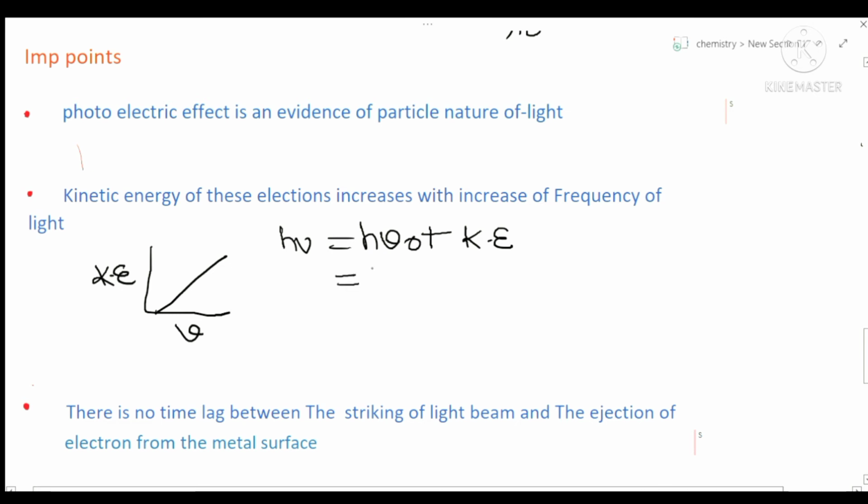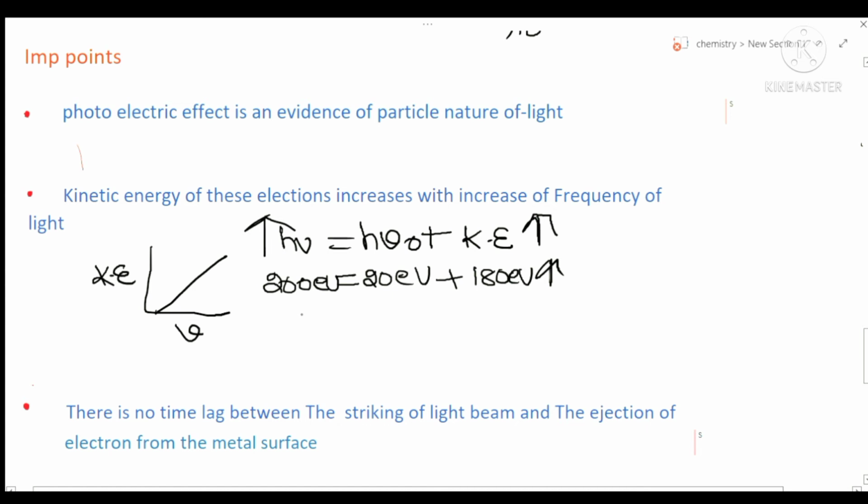For example, h mu naught is only 20 electron volt, but here we are supplying 200 electron volt. That means the incident frequency is more, so automatically the rest of the energy is converted into kinetic energy, 180 electron volt. This means a directly proportional relationship.